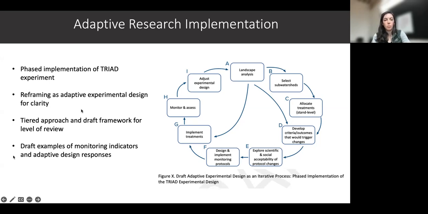So there are some clarifications in the chapter just trying to get at that distinction and also make the connection between an adaptive approach and an experimental approach.